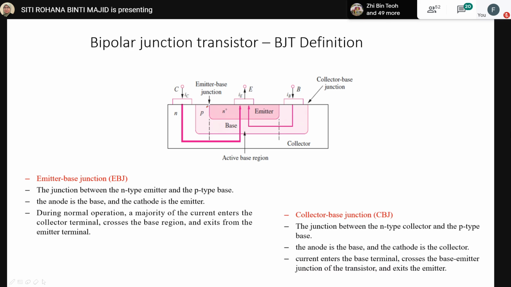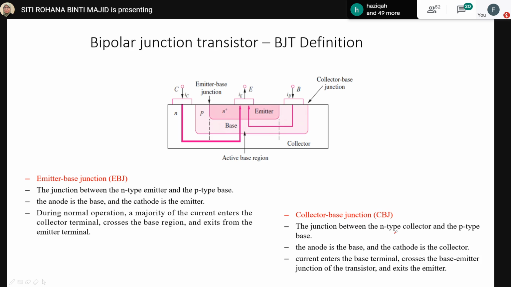So the next part, we have another PN junction, which is the collector base junction. Just now the EBJ is N and P, so that means the characteristic of the depletion layer for these two junctions is different.